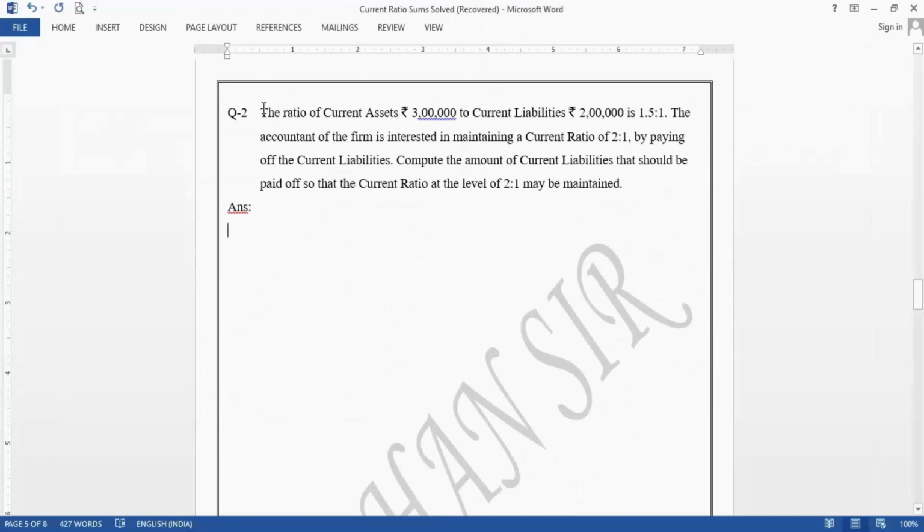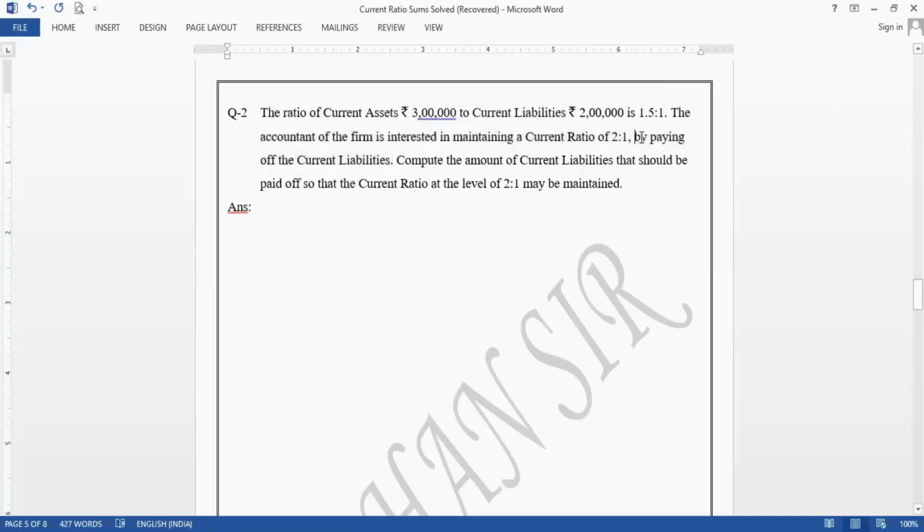The ratio of current assets, 3 lakh rupees, to current liabilities, that is 2 lakh, is 1.5:1, right? Current assets is 3 lakh, current liabilities is 2 lakh. The accountant of the firm is interested in maintaining a current ratio of 2:1 by paying off current liabilities.